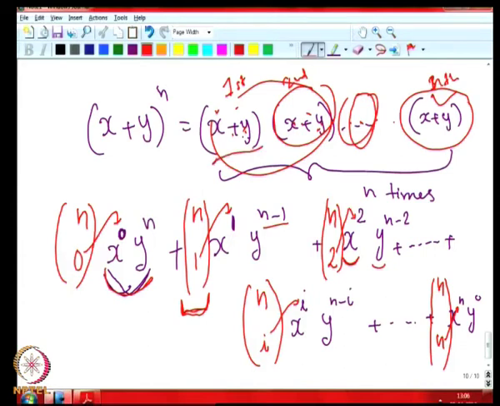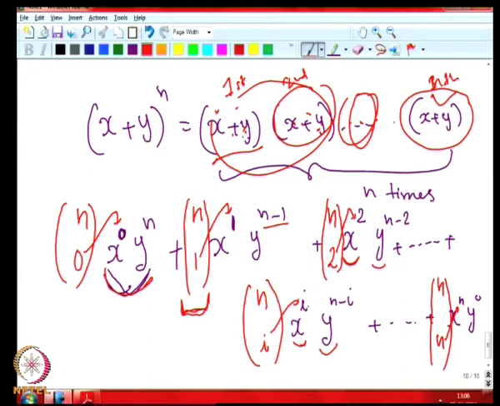In that sense we can say that we are selecting which objects correspond to this x raised to i. That means the i x's are coming from which objects. That means we are selecting i objects out of n objects just to get this x raised to i, because once you select the objects which give x, the remaining ones will automatically give y.